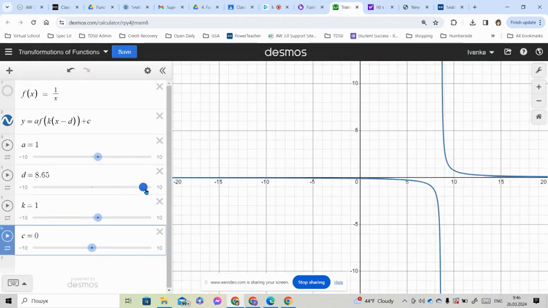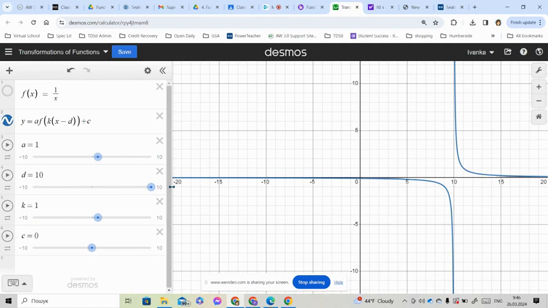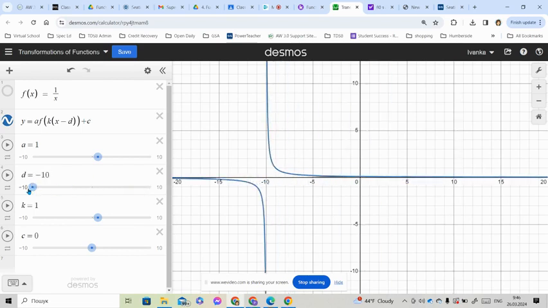So when my d value is positive 10, has it moved left or right? So have I added or subtracted the d value? Let's check what happens when I go into the negative. Am I adding or subtracting the d value? I'm still adding, right? It's like I'm adding negative 10 because my d is negative 10.